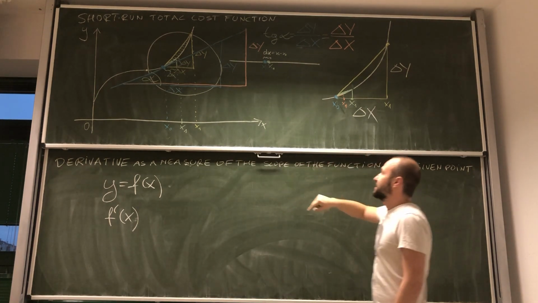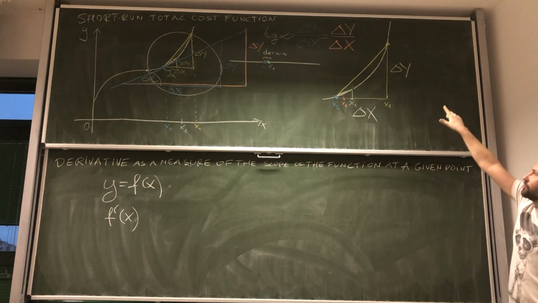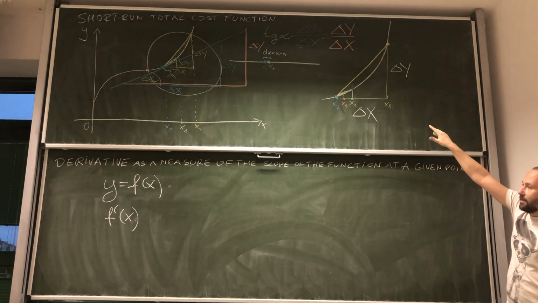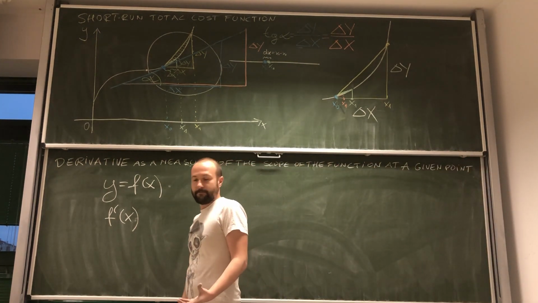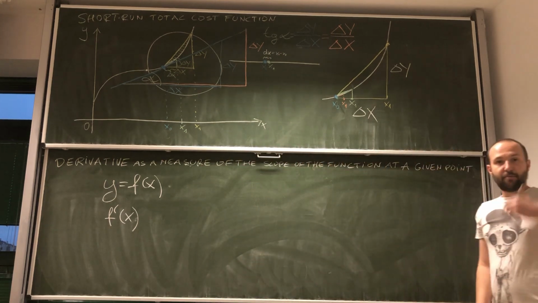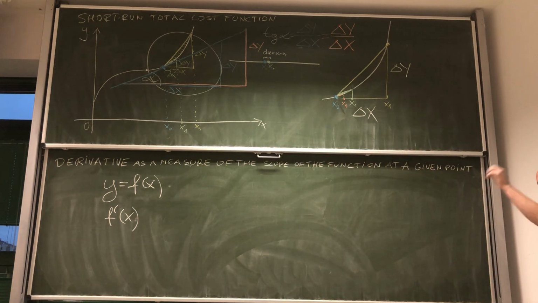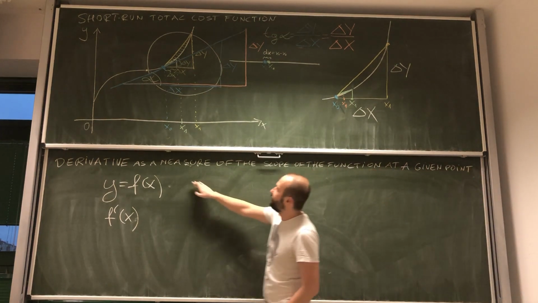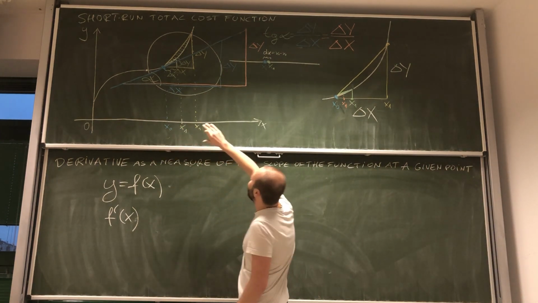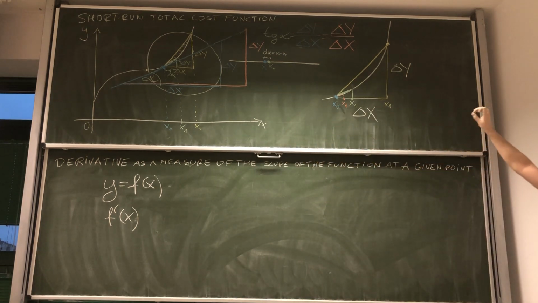In our case, if this is a short-run total cost function, then the first derivative will give you the marginal cost function. And by putting a different level of production, you will get a slope of the total cost function at any given point. So by calculating a derivative for a function, we are obtaining a set of all slopes of this function.